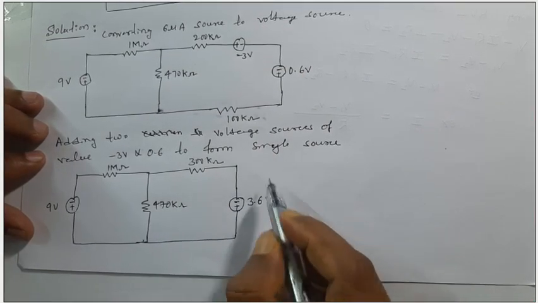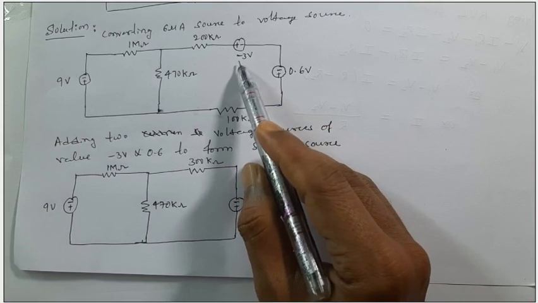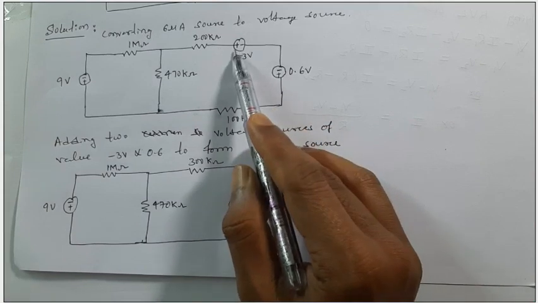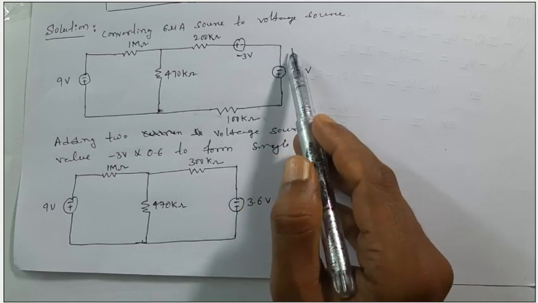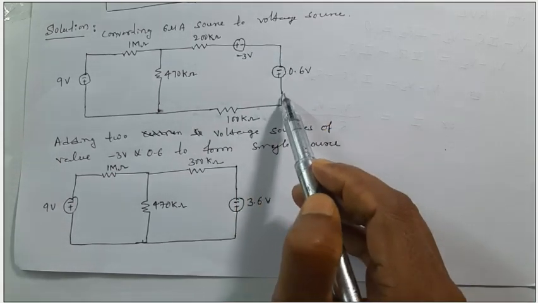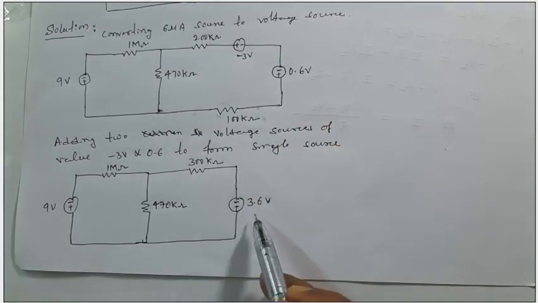I hope it is clear, dear students. Here minus 3 volts, because plus is here, I can invert it, minus plus, and this is minus plus, both can be added to form 3.6 volts.